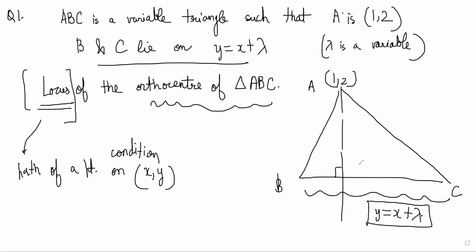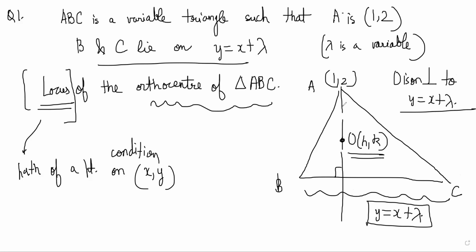So now think about it. I know that orthocenter is somewhere here. So let's say orthocenter is the point h comma k. If orthocenter is h comma k, then it lies on a perpendicular to y is equal to x plus lambda.